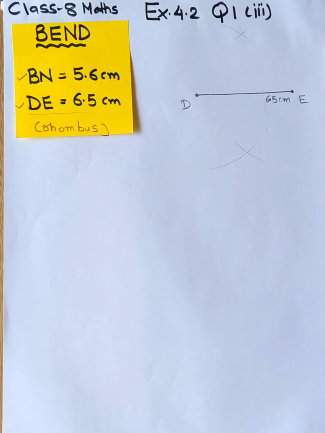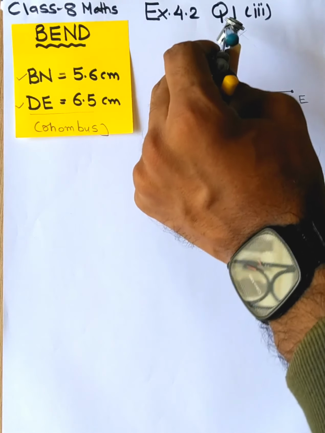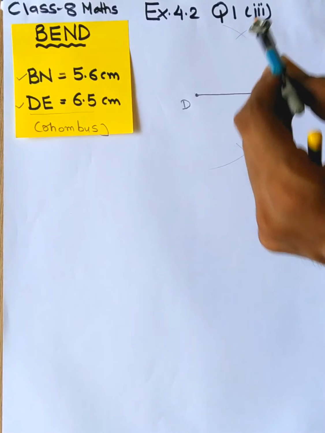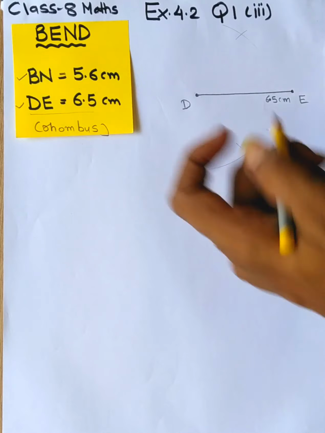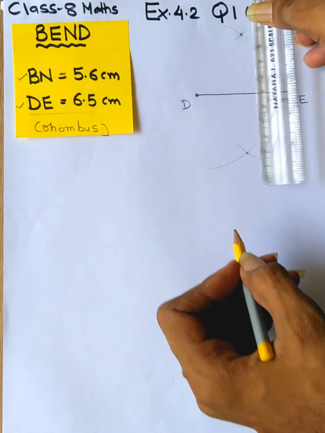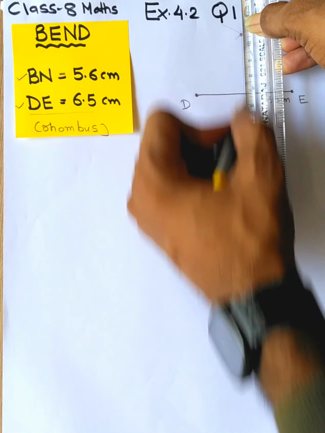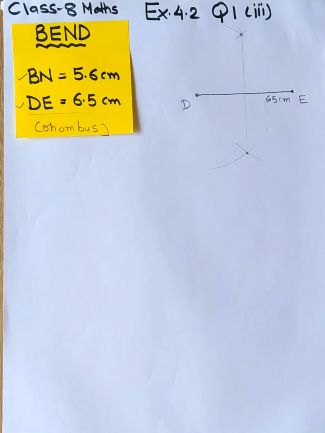So if you are doing like this, these both arcs will intersect at points, and if you join those points, the line will be the perpendicular bisector. Clear? So this is our second step, to draw the perpendicular bisector.